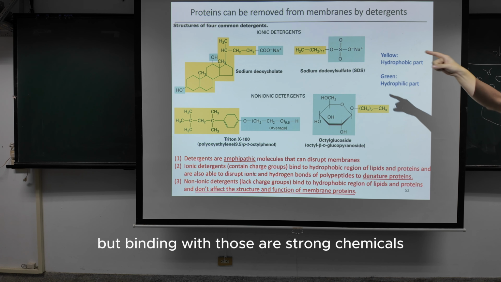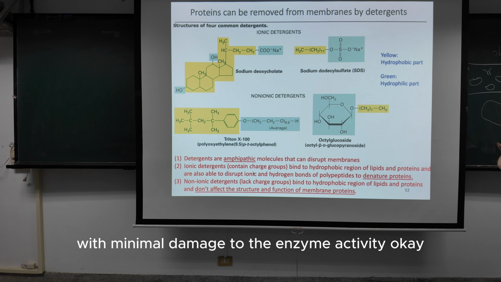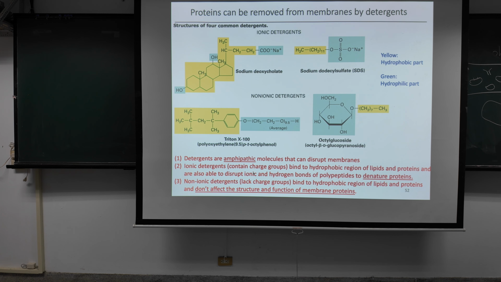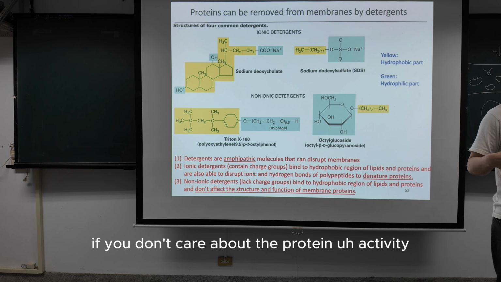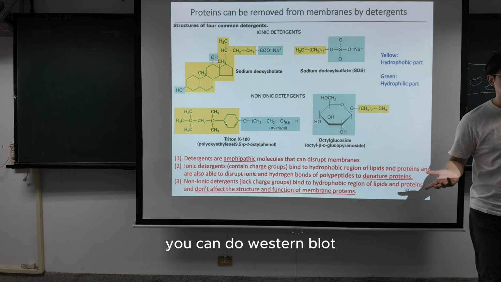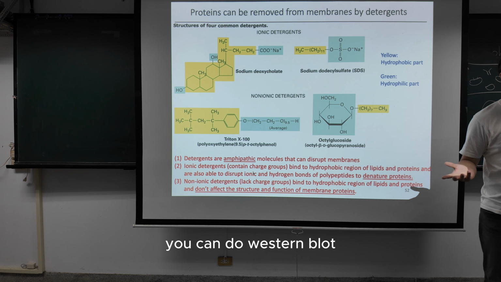But if you use a non-ionic detergent, you can extract the membrane protein with minimal damage to the enzyme activity. So if you don't care about the protein activity, you can do a Western blot. You only check their expression level. You can use SDS in your SDS-PAGE, right?